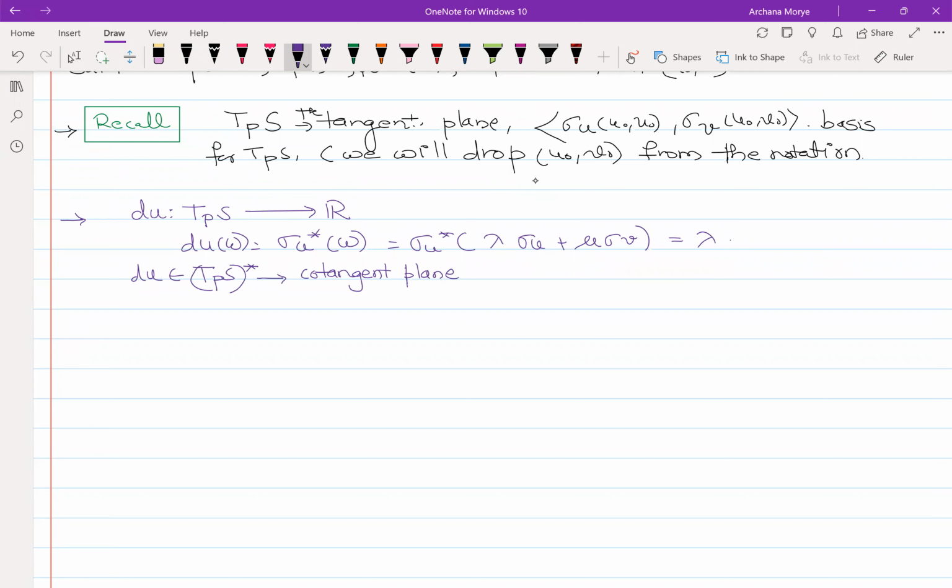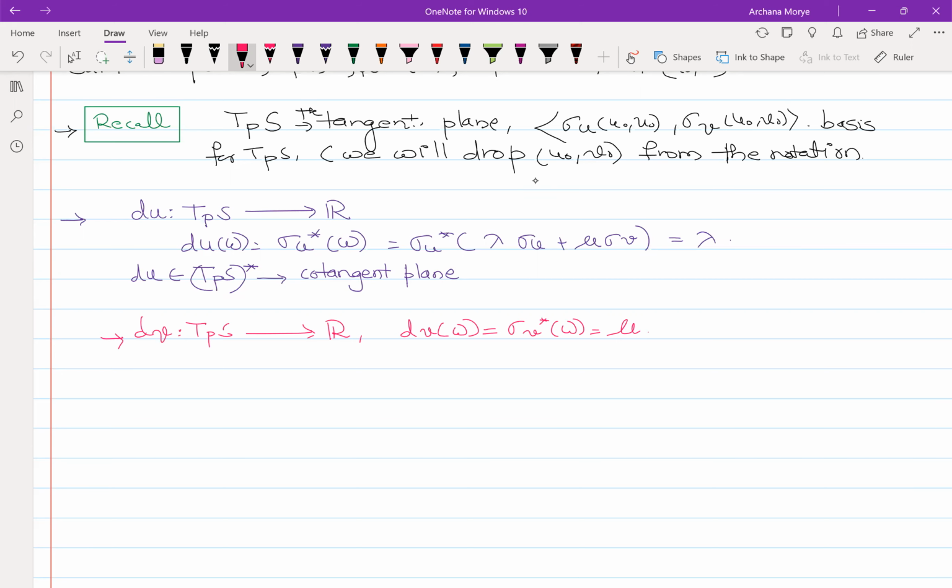Similar to this du, of course, we can define dv also. What is dv? dv of w is equal to sigma v star of w, which is equal to mu.